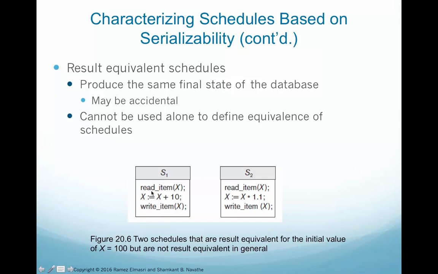The first schedule has three operations: reading an item X, adding 10 to it, and writing X. S2, on the other hand, is reading X, multiplying it by 1.1, and then writing X. In this case, it so happens that the final state is the same, but that doesn't mean these are equivalent schedules, because the operations are specifically not the same.